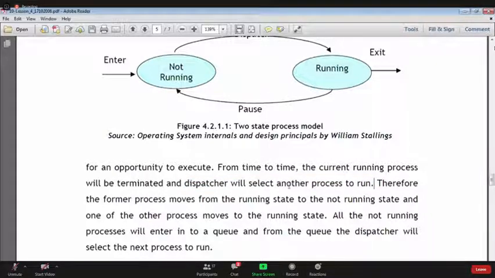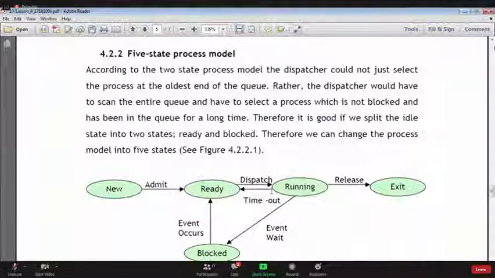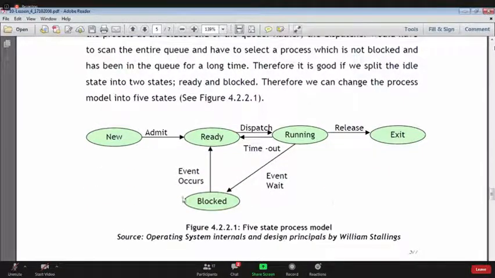It's a simple model. Then there's another one called the five state model. It has 5 different states. The running state is already there, and the dispatcher takes from the ready queue. Sometimes we have processes blocked. Blocked means you can't run it until some event occurs, so it is waiting for an event.